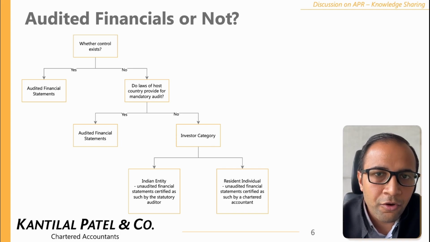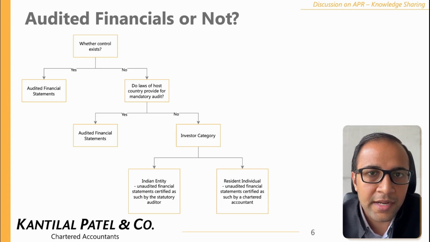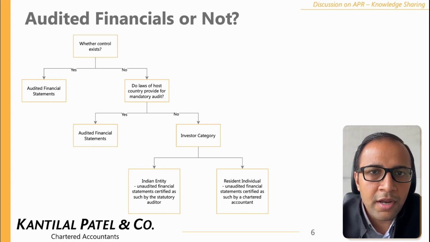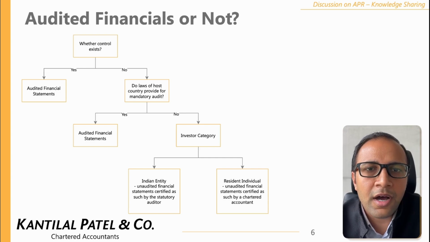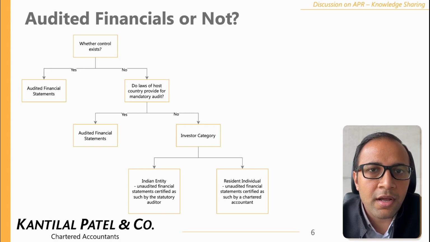And control for the OI rules is different from the concept of place of effective management under international tax. Control as per the OI rules typically involves the power to appoint all the directors, or the majority of the directors, and if the other conditions of the definition are met, then typically control exists.